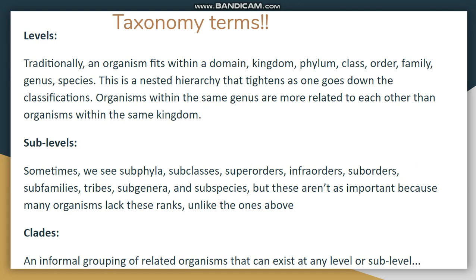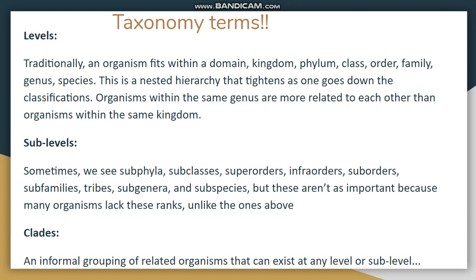So once you're a eukaryote, you stay a eukaryote. Once you're a plant, you stay a plant. Once you're in a particular plant phylum, which we are going to stay within the angiosperm phylum. Angiosperms are amazing. You stay an angiosperm, and so on.